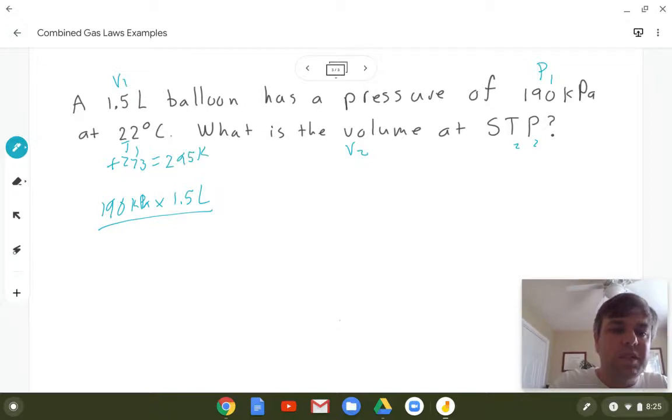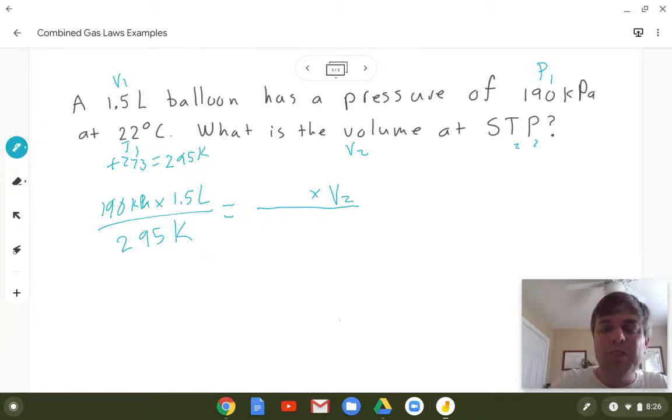Don't forget to put it in kelvins. That's going to equal P2 V2 over T2. And V2, we don't know. Now our pressure units need to stay the same. We can't start changing units in the middle of the problem.